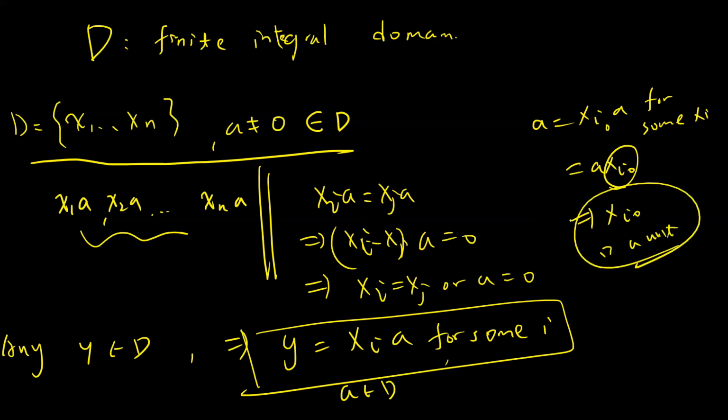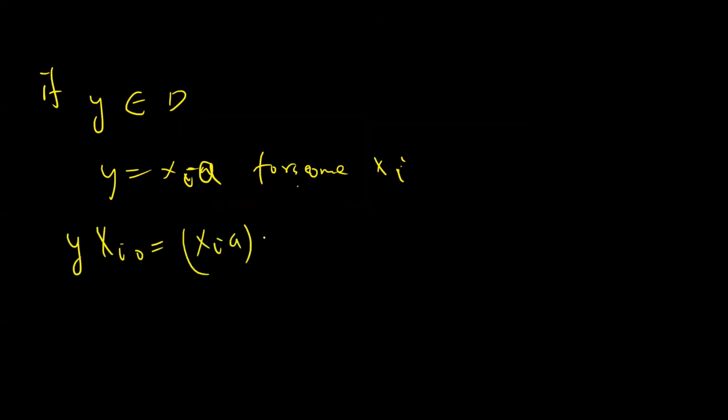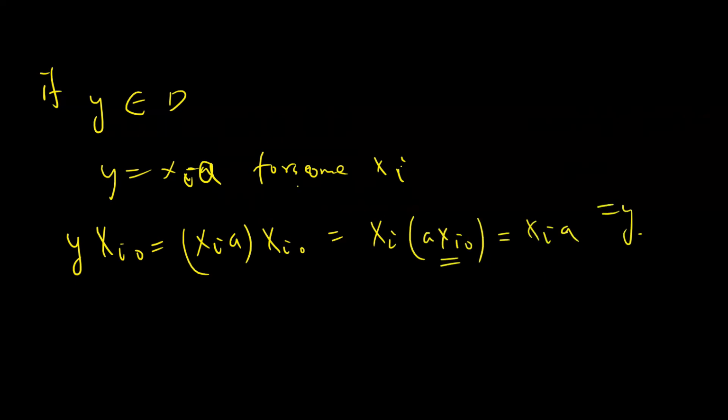And if any y belongs to D, we know that y is xi a for some xi. Then we get y xi0 is xi a times xi0, and since they are commutative, this is xi times a xi0, which is a, so it's xi a, which is y.